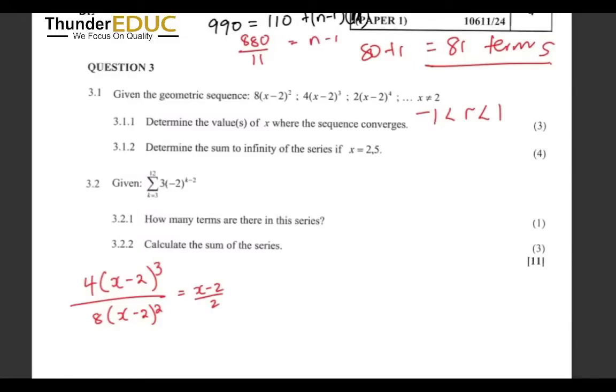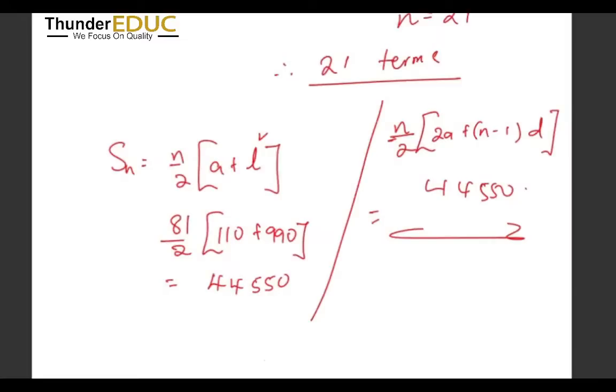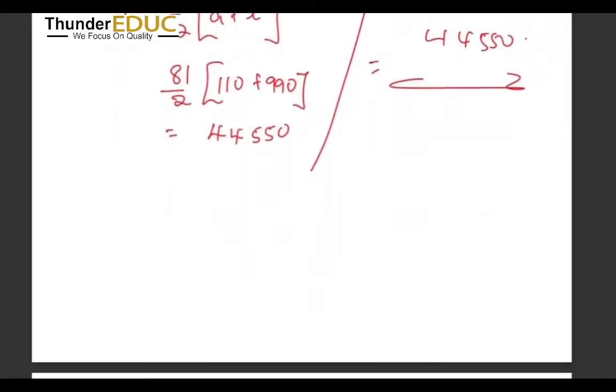And this is what I must substitute there. So I'll have minus 1 less than x minus 2 over 2 less than 1.